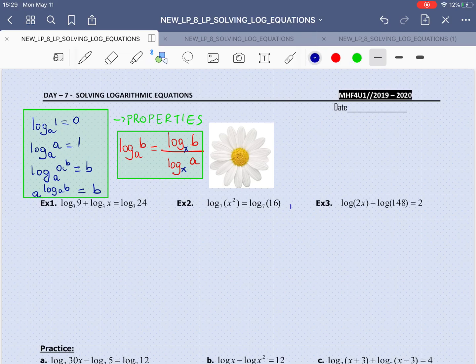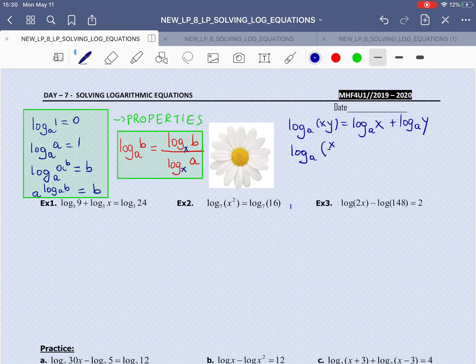And next we moved on to logarithmic laws. We had 3 of them, just like exponent laws. Number 1, the product law, which states that the log with base a of xy equals log with base a of x plus log with base a of y.